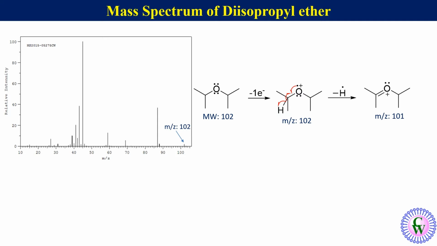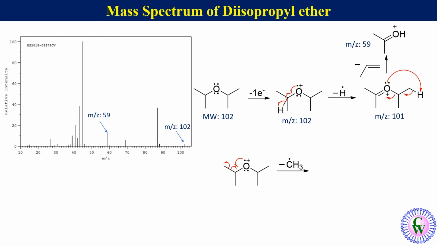The O-isopropyl group has beta hydrogen, so it will undergo beta elimination like this to produce propylene and protonated acetone with M by Z 59. The parent ion can undergo beta cleavage to produce methyl radical and O-isopropyl acetaldehyde oxonium ion with M by Z 87.